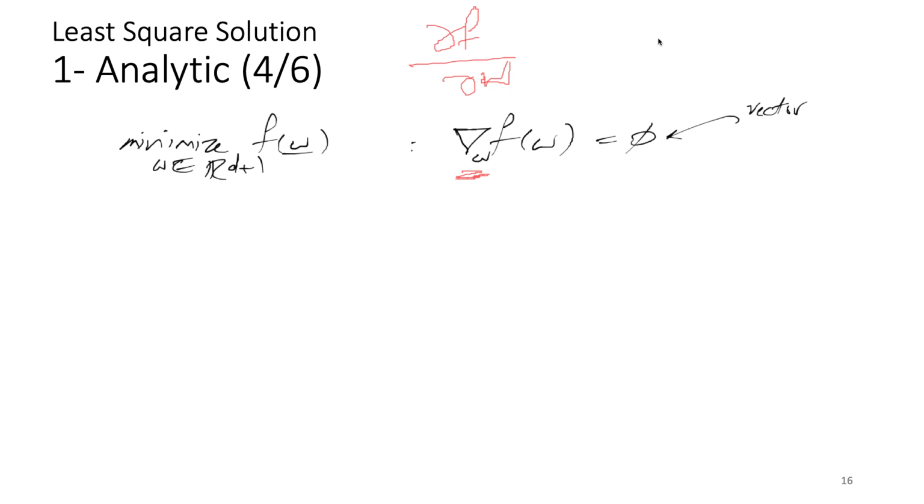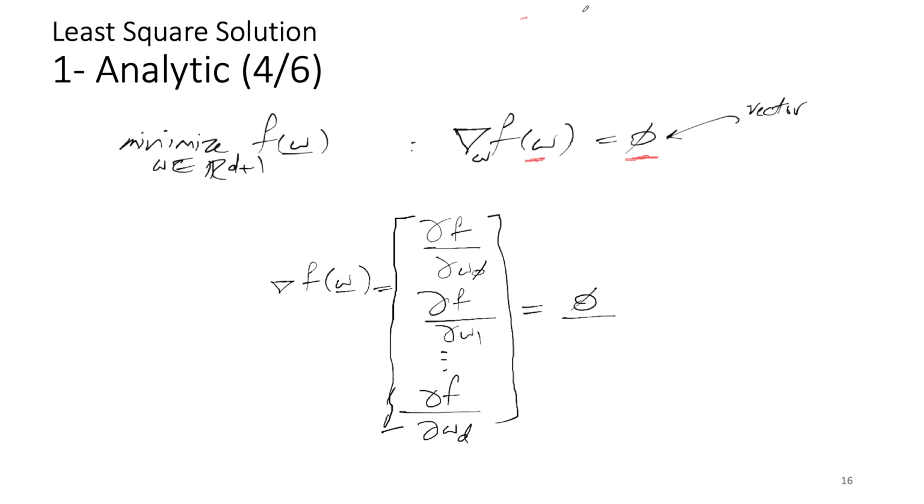Okay, so by setting them equal to 0, I'm talking about a fat 0, which is a vector of 0s, right? Because you're dealing with vectors here.